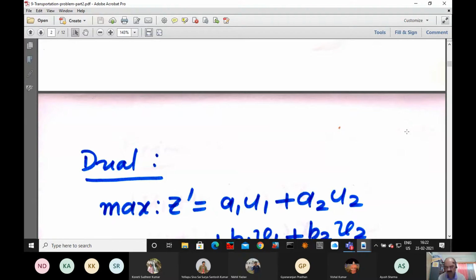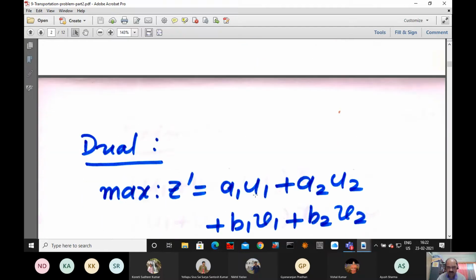Maximize Z equal to a1 into u1, where u1 is a dual variable, plus a2 into u2, u2 is another dual variable, plus b1 into v1, plus b2 into v2. v1 and v2 are of course dual variables. So there are 4 dual variables: u1, u2, v1, v2.